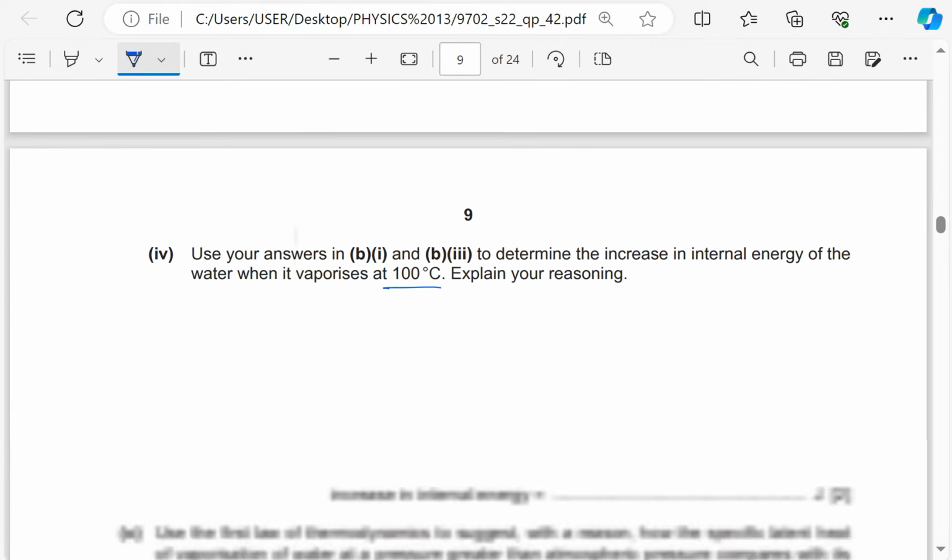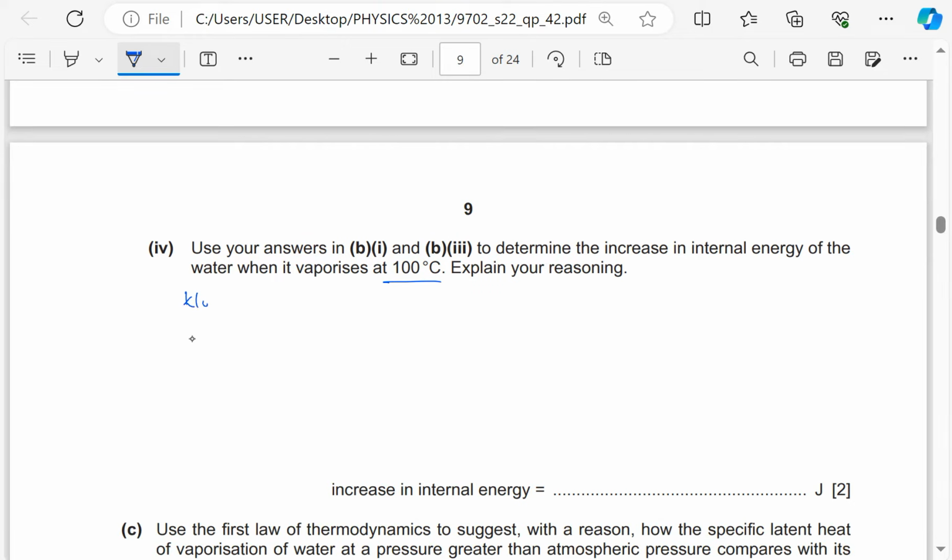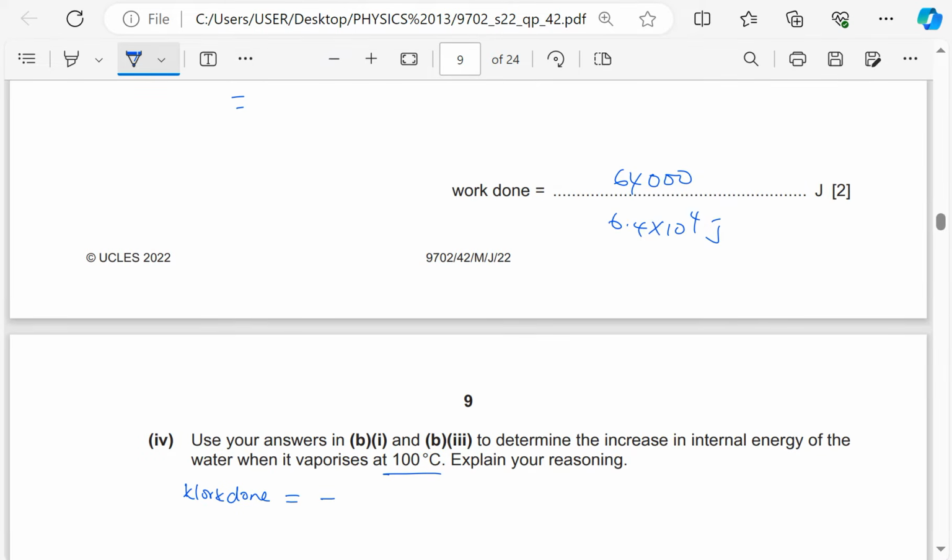So the work done is going to be negative 6.4 times 10 to the power of 4 joules. Why is it negative? It's because work is done against the atmosphere.